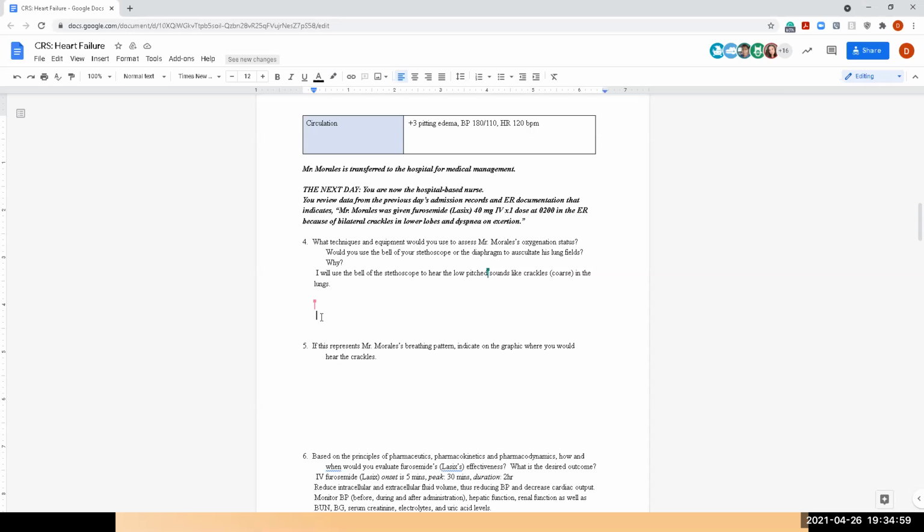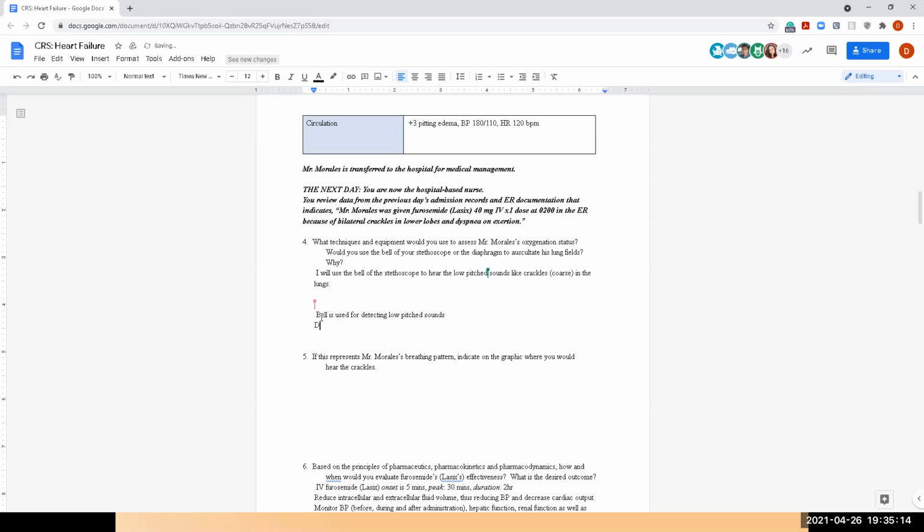So if we say the bell is used for detecting low pitched sounds, right? And the diaphragm is used for high pitched.